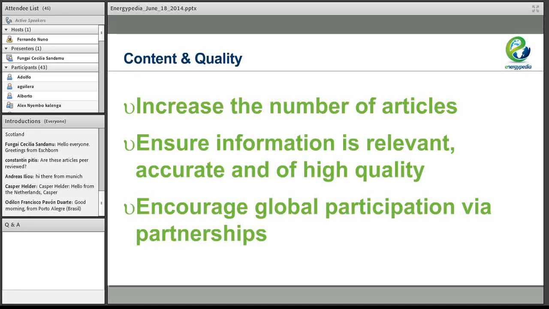So we encourage global participation via partnerships with universities, cultural institutions, and other groups who align with our mission. In terms of improving and increasing content, our goals are to increase the number of articles, to ensure information is relevant, accurate, and of high quality, to encourage global participation via partnerships, as I mentioned.